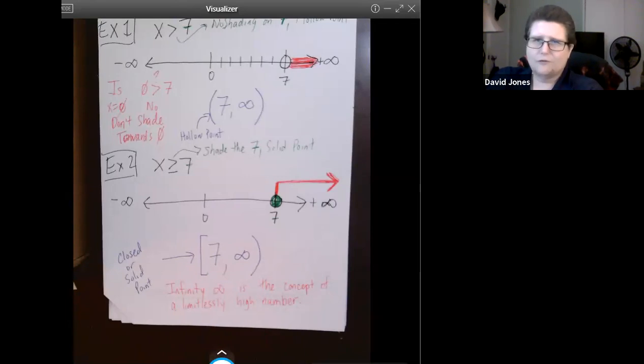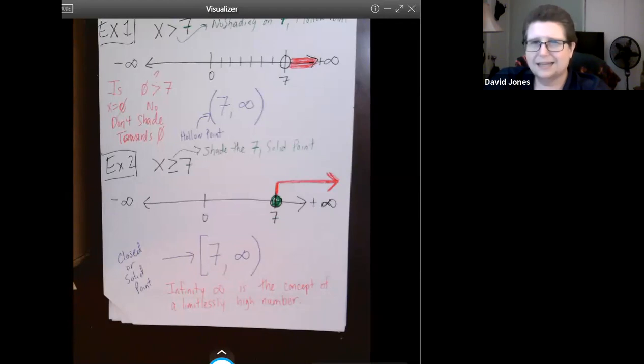So you could have 15 quadrillion. I don't even know what a quadrillion is, I just made that up right now. 15 quadrillion quadrillions. And still, that's not the largest number possible because you could always add 1 to it.